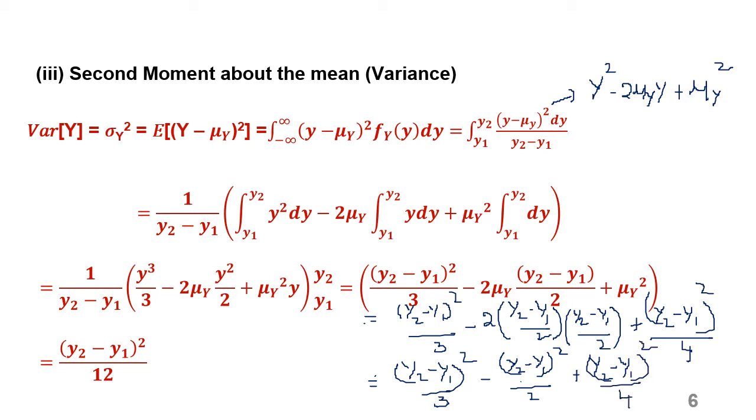So the common denominator we can take as 12. When you take this as 12, the first has to be multiplied by 4, the second by 6, and the third by 3. 4 plus 3 is 7, 7 minus 6 gives you 1 in the numerator. So you have (y2 minus y1) square by 12.